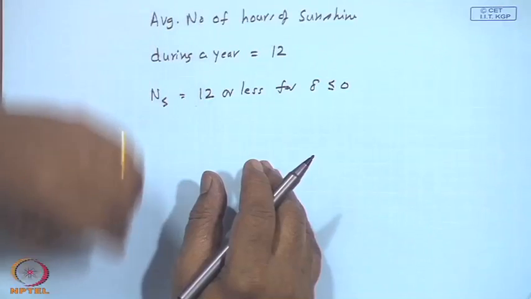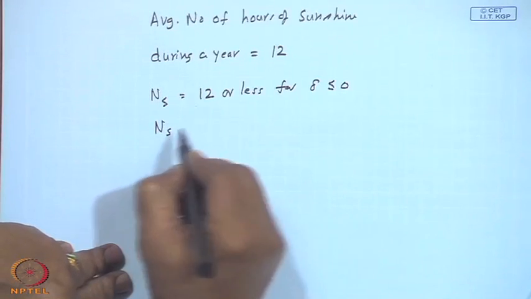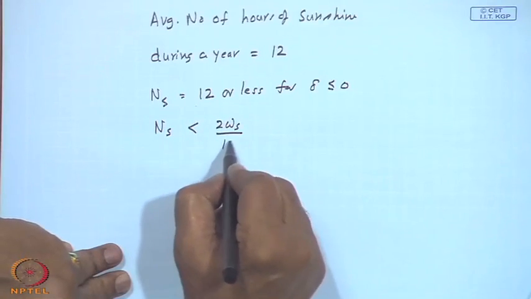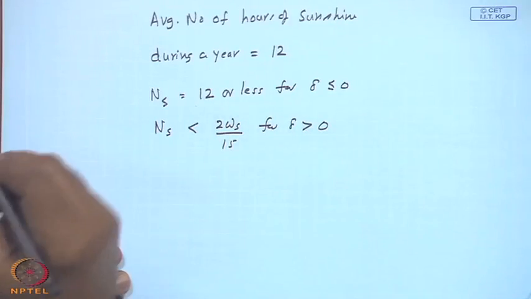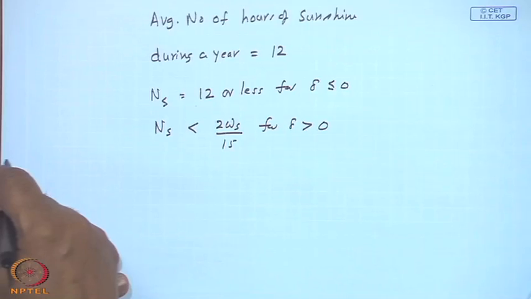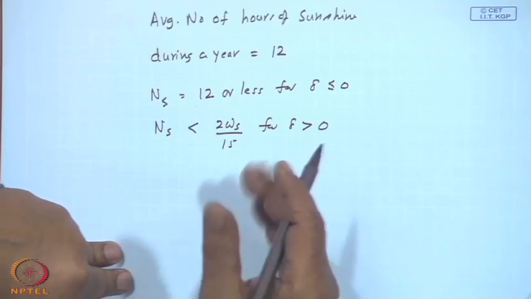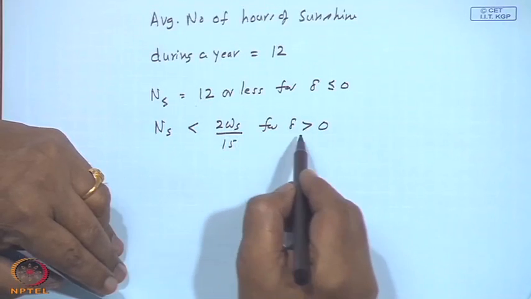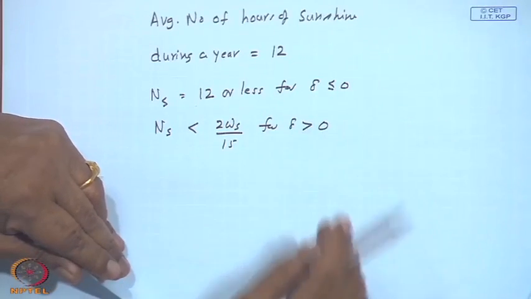It is not more than 12, whereas N_S is less than twice omega_s by 15 for delta greater than 0, because we restrict it according to tan(phi minus beta) tan delta. So, my average will turn out to be less than 12, since the benefit of having a higher number of sunshine hours during delta greater than 0 is not allowed for the tilted surface.